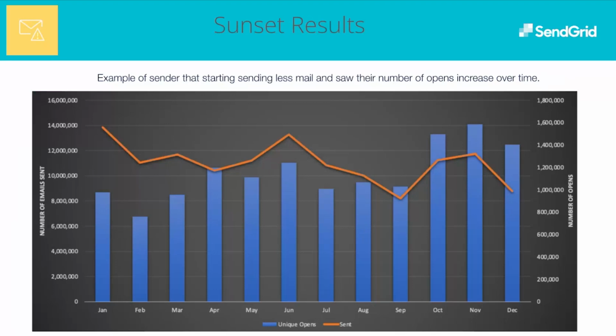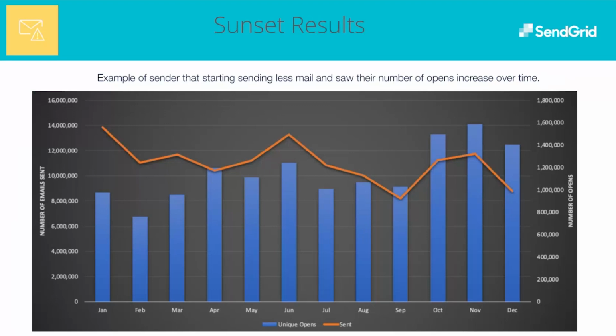So for this sender, the orange line is the number of sent emails in a given month, and the blue graph is the number of unique opens. As we can see here, the number of emails sent is lowering. They started out with about 14 million emails per month. Over the course of a year, they went from 14 million to about 9 million emails per month.